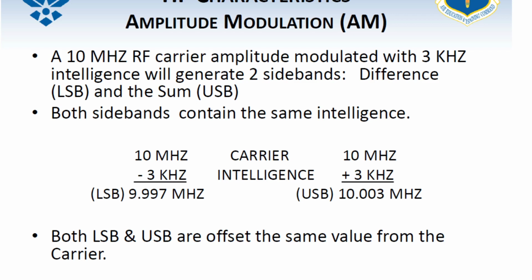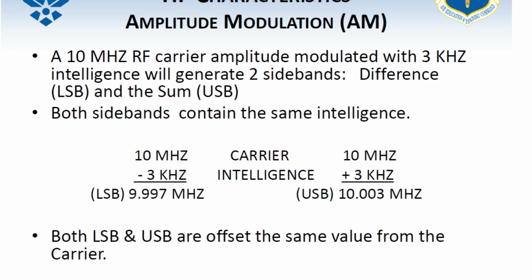With the numbers on this slide, the 10 megahertz carrier, you're going to have a plus or minus 3 kilohertz intelligence. That's going to be your upper and your lower sideband. When you subtract your 3 kilohertz from 10 megahertz, you have a 9.997 megahertz lower sideband.